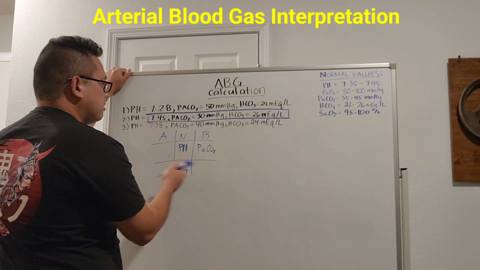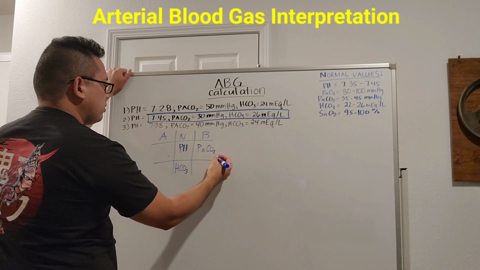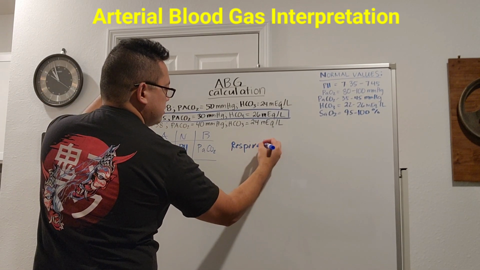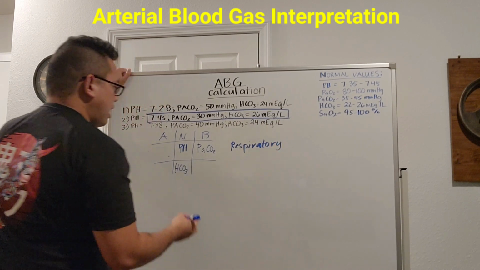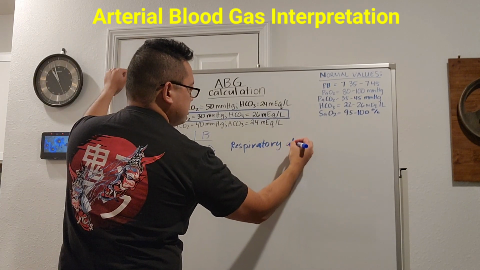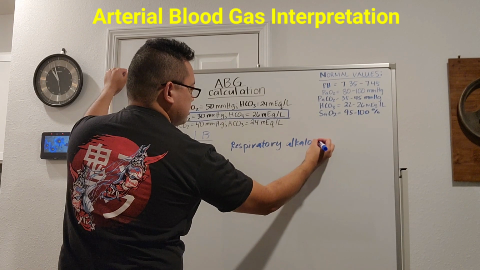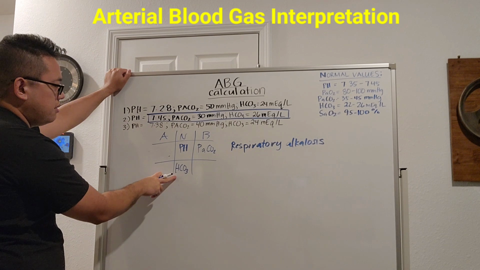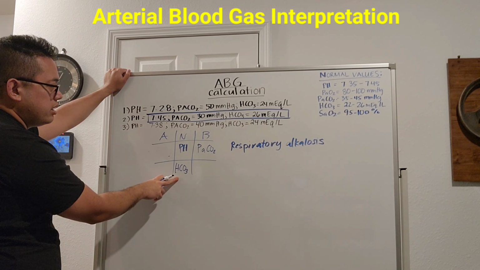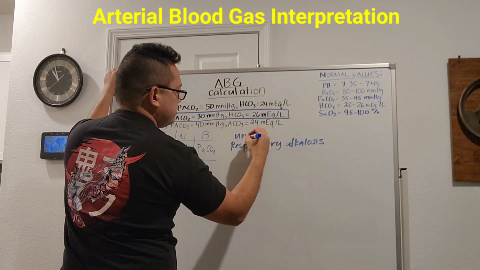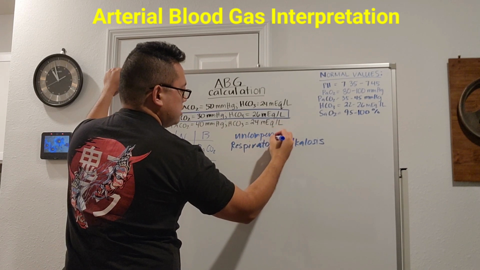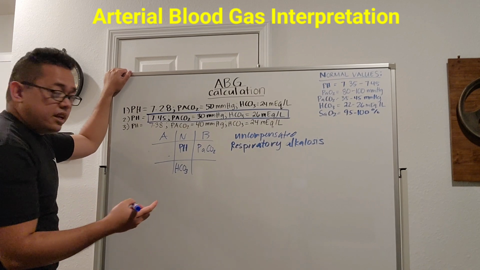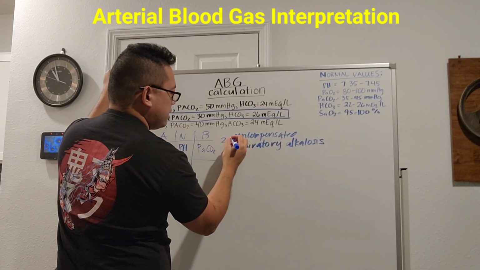So I would say respiratory alkalosis, and then since the bicarb is within normal, I would say uncompensated. So my answer for number 2 is uncompensated respiratory alkalosis.